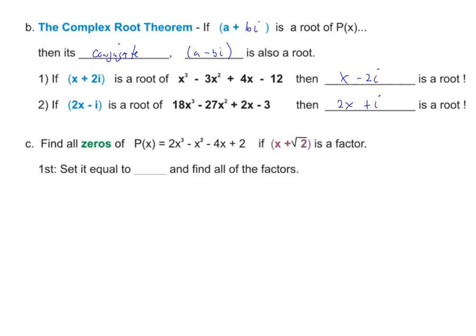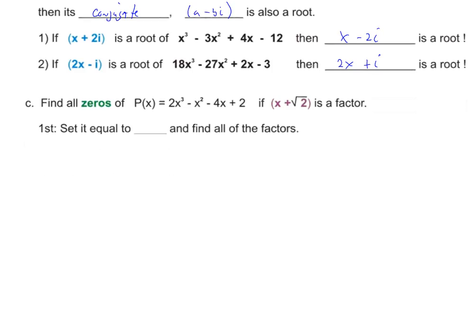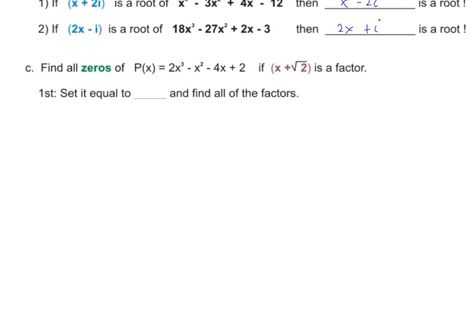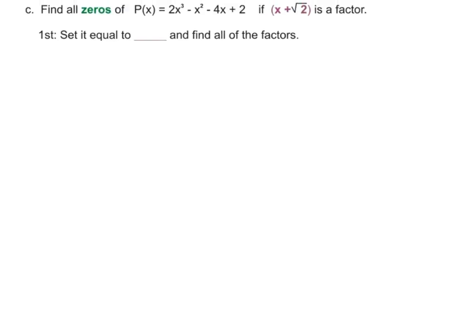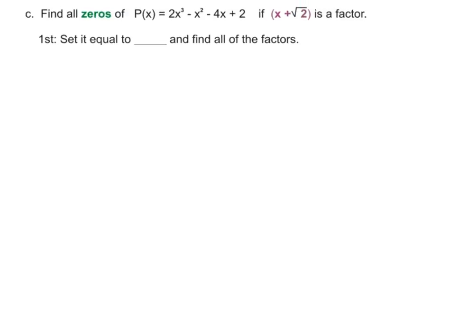Okay, how do we use all this? We use all this in situations like this. So let's do this example. And I know there's not a ton of room here, so you're going to have to be efficient in your use of the space that's left.